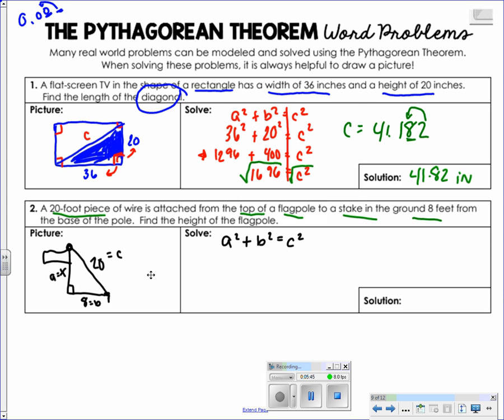I don't know a, so I can leave that a squared. We know b. b is a side length, and that's 8 squared. And I do know c is my hypotenuse because that is diagonal from the right angle, or above, however some people like to say that. And that's 20. So I'm going to go ahead and substitute that in, 20 squared.